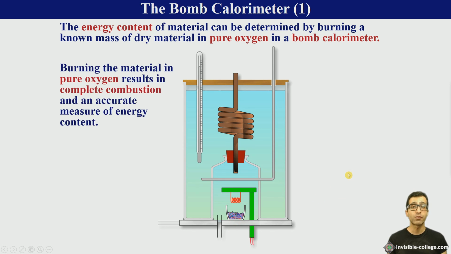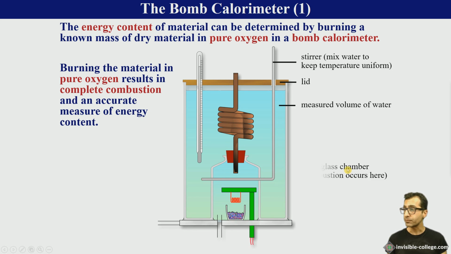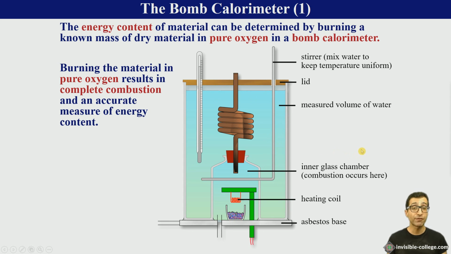So burning the material in pure oxygen results in complete combustion, and the energy released by that combustion is then used to heat a known volume of surrounding water. And so this change in the temperature of the water can then be used to calculate the energy release that was responsible for that change in temperature, because the specific heat capacity of the water is a known quantity.